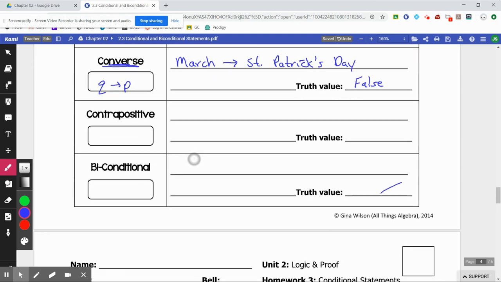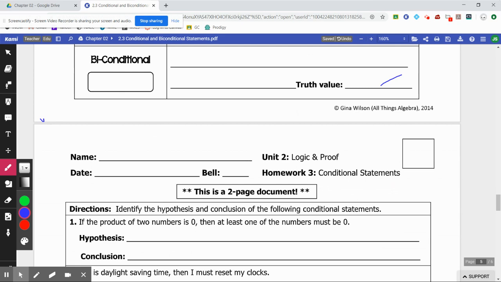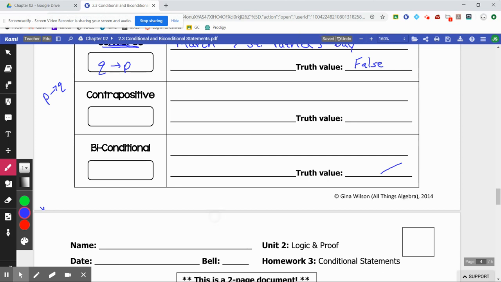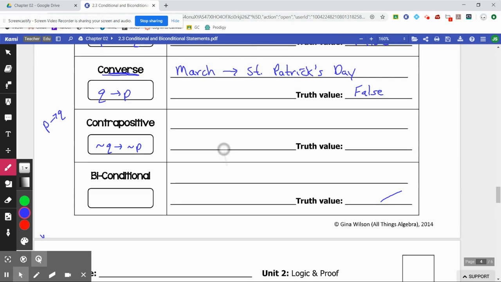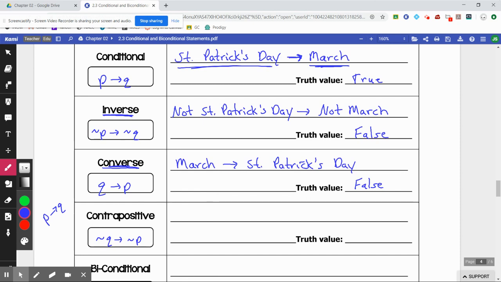Next up, a contrapositive. Now, to find a contrapositive, if the original statement was P implies Q, we're going to switch and not. We're going to do not Q implies not P. So scrolling back up, we could actually just take this statement, which was Q implies P, and not the first and not the second one.